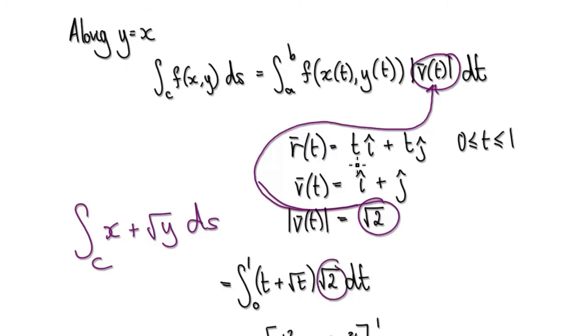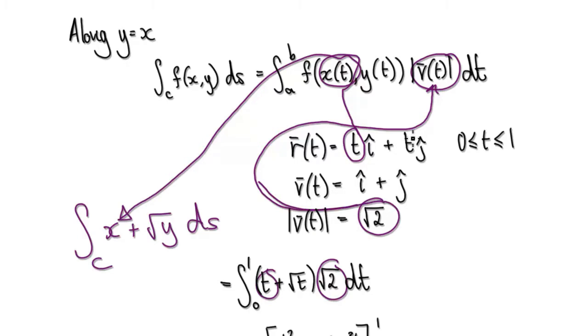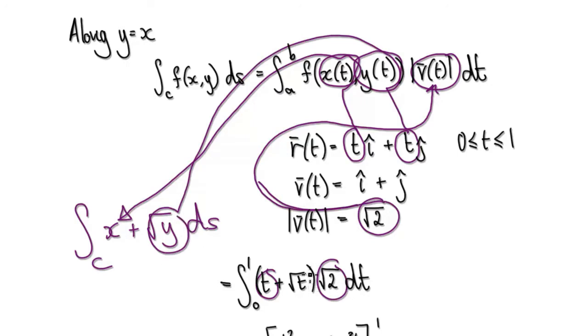And then our x location is this, which in turn means this. So that will then give you t. And then this is our y location. When you put it into here, it would be root t.